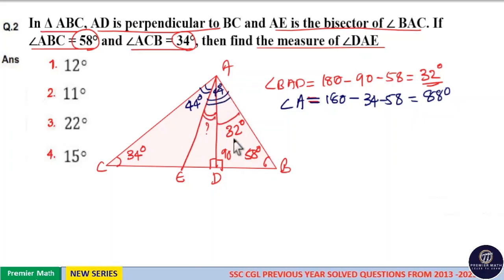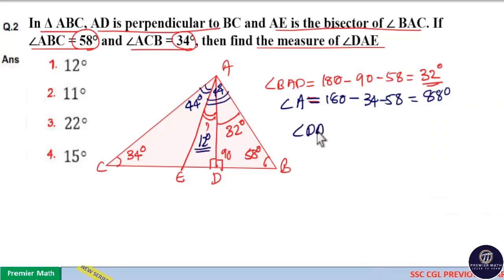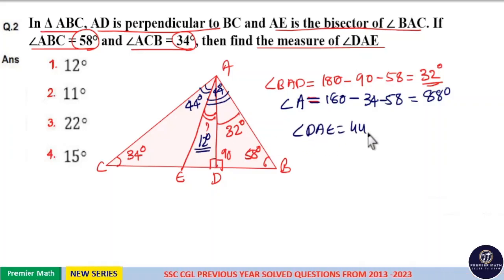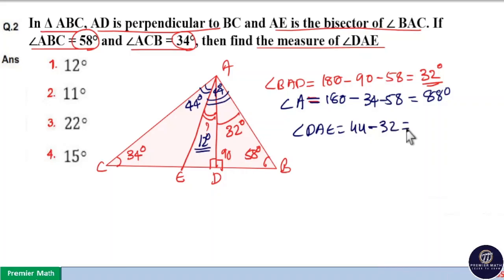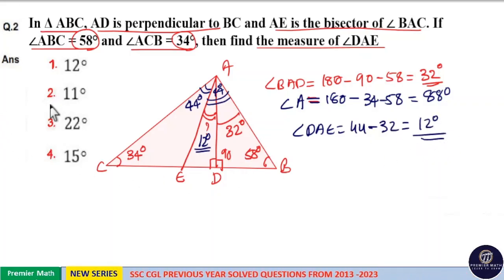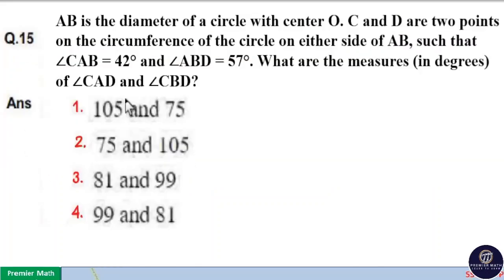Then if this is 44 and this is 32, then this one is equal to 44 minus 32, which is equal to 12 degree. So angle DAE is equal to 44 minus 32, which is equal to 12 degree. So option 1 is your answer. Just using the 180 degree concept.